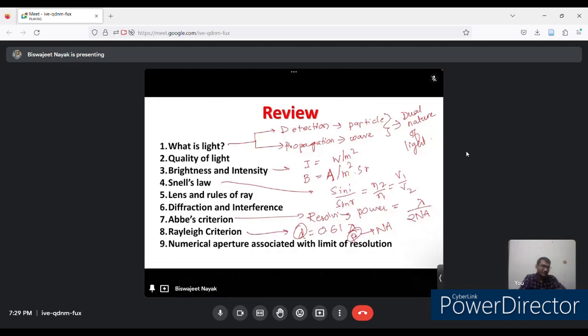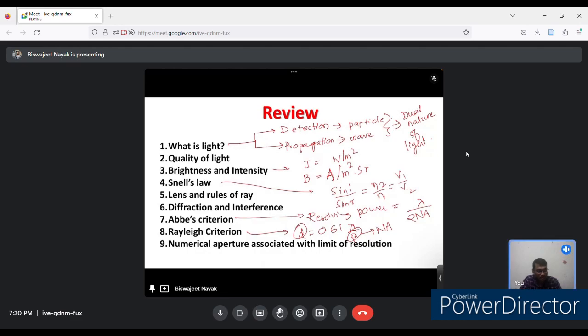Yeah, that I'll explain, it's there in further slides. Like what you told, if the maxima of one wave coincides with the minima of the other one, then we start resolving those 2 points. Okay, that I will explain later.